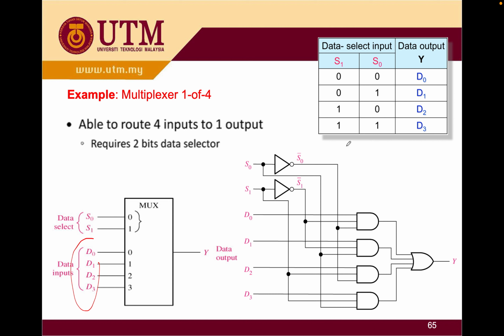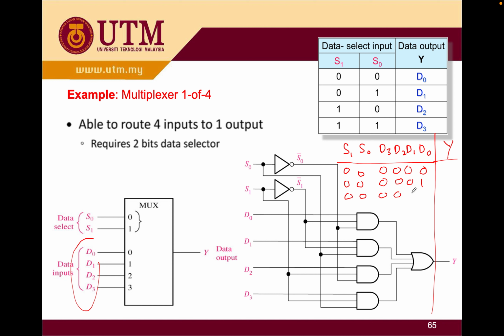Let's say I give you an example: you have S1, S0, D3, D2, D1, D0, all of these 6 inputs. And then you have Y as the output, going to have 0, 0, 0, 0, 0, 0, 0, 0, 0, 0, 0, 1, 0, 0, 0, 0, 1, 0, and the rest.